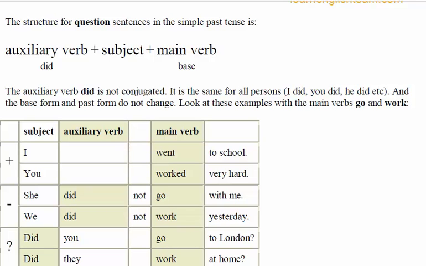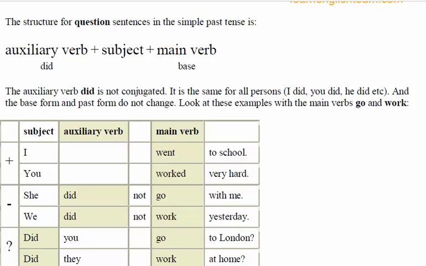So in question based sentences, the auxiliary verb comes before the subject and then the main verb. So the auxiliary verb did is used in both the negative sentences and the question based sentences. Okay? It is the same for all persons.